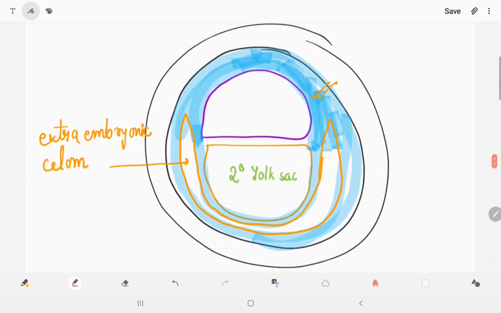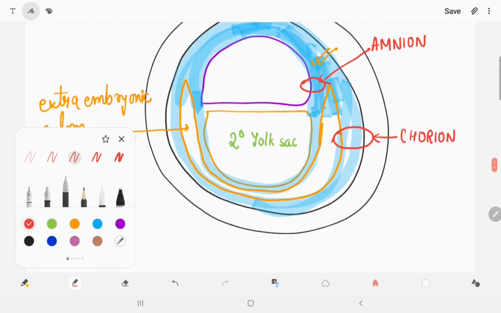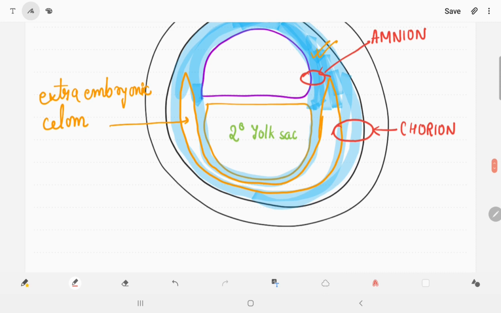See, this layer that I have formed, this is the outer layer. This is known as the chorion. And this layer that I have formed, this is the inner layer, and this is known as the amnion. Also, I would want you to understand that with the formation of the coelom, I have divided the extraembryonic mesoderm further into two layers.